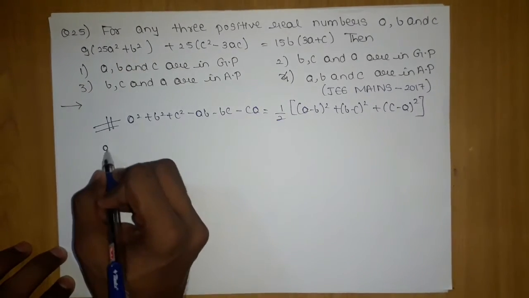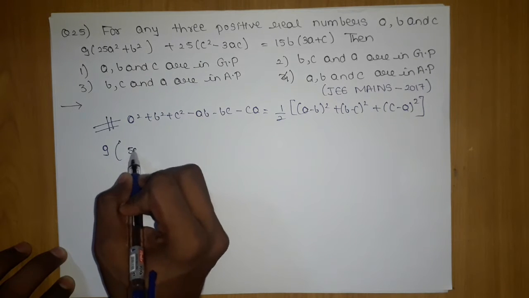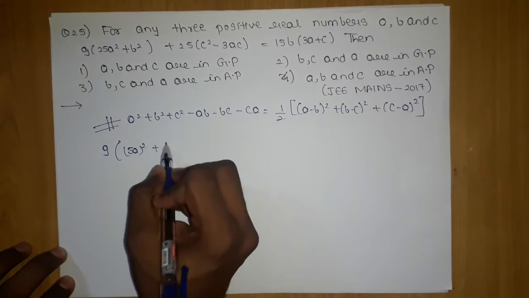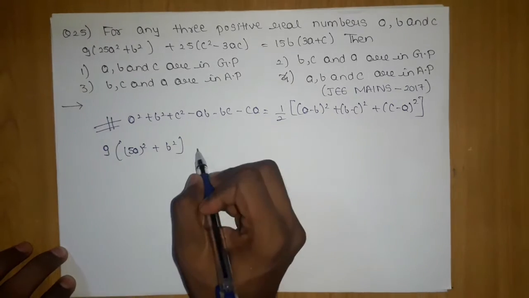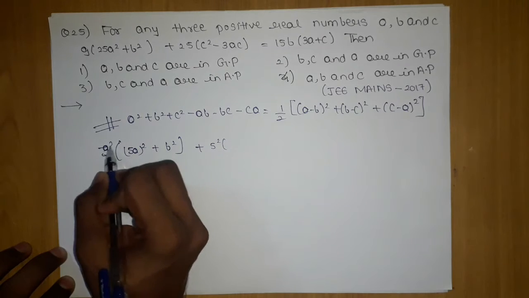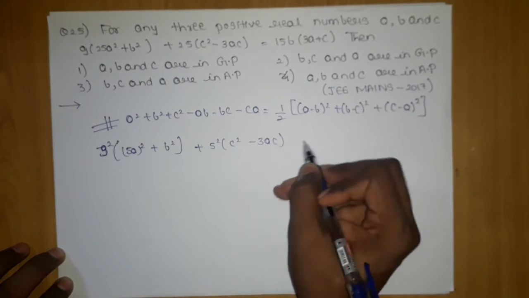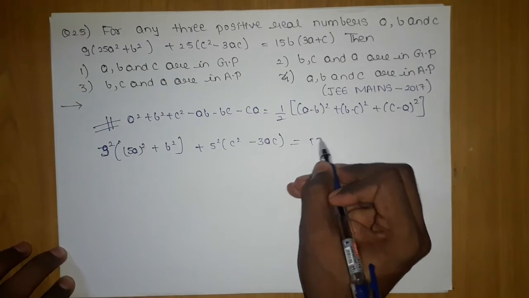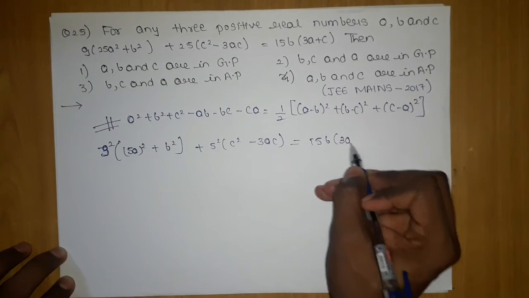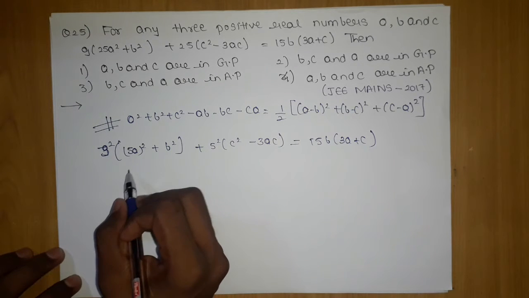I can write the given expression like this: (5a)² + b² — I need to convert into a² and b², with 5² and 3² as well. Then this will be c² − 3ac, and this will be 15b(3a + c).